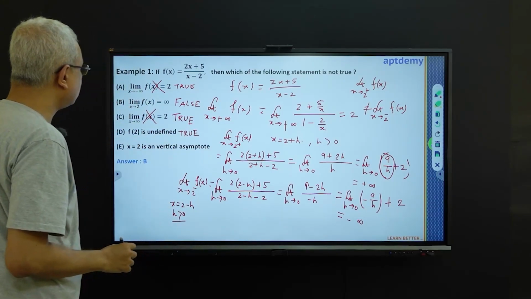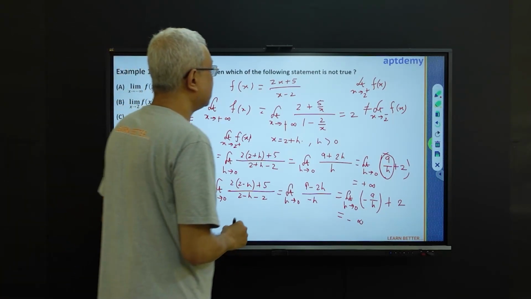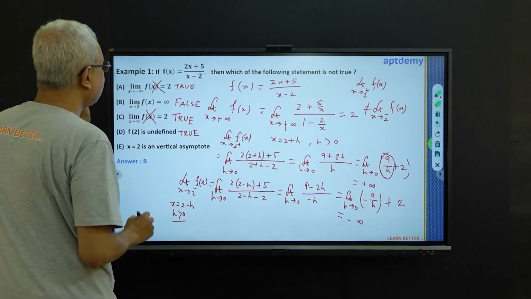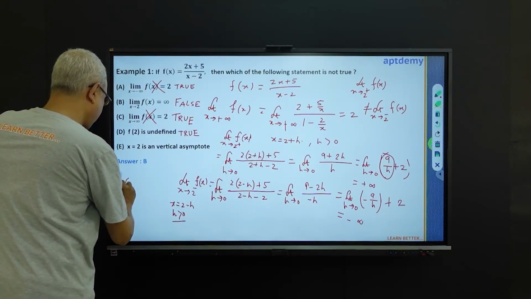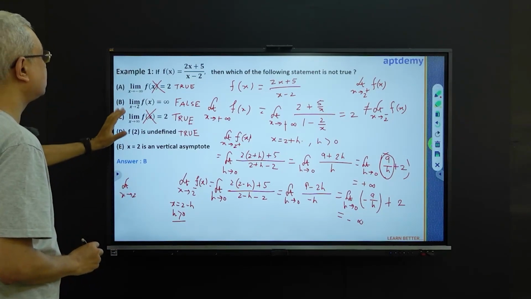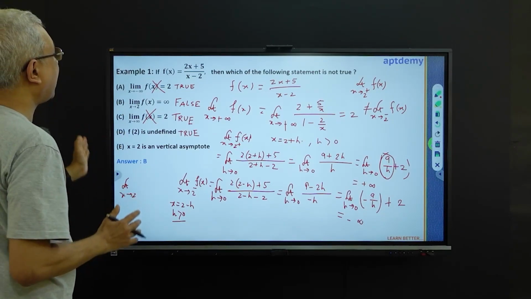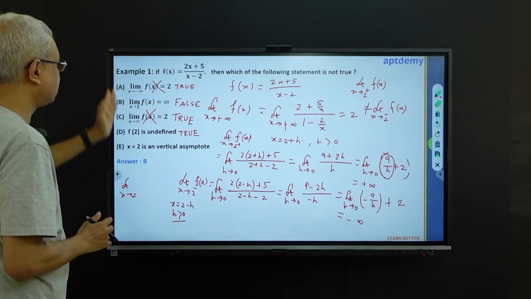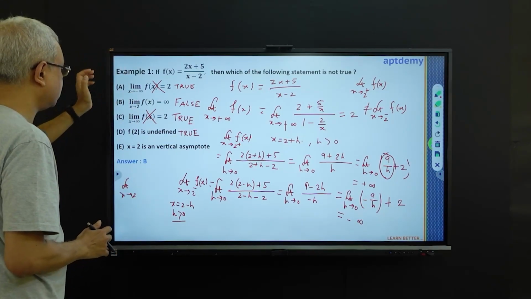And x equal to 2 is a vertical asymptote. That means as x tends to 2, at x equal to 2, f(x) is almost infinity, undefined.